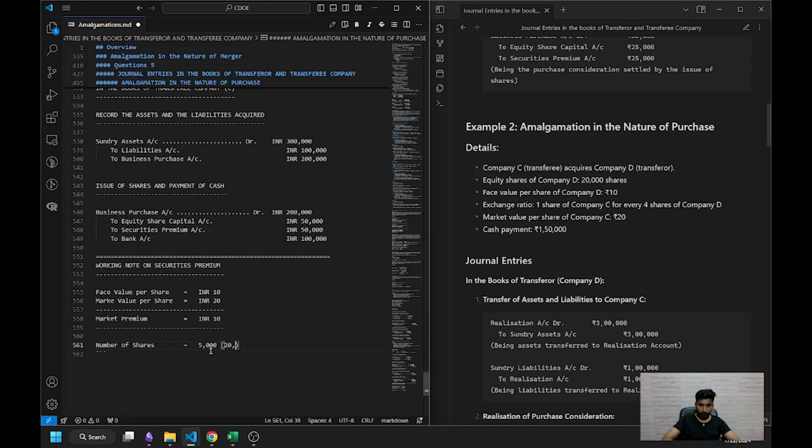Because they are 20,000 divided by 4. So total premium will be equal to 5,000 multiplied by INR 10, which will be equal to INR 50,000. And that is how the amount of the securities premium have came up.